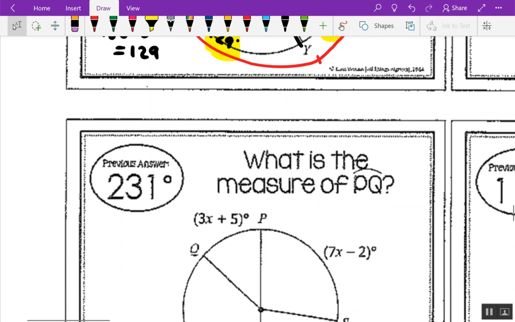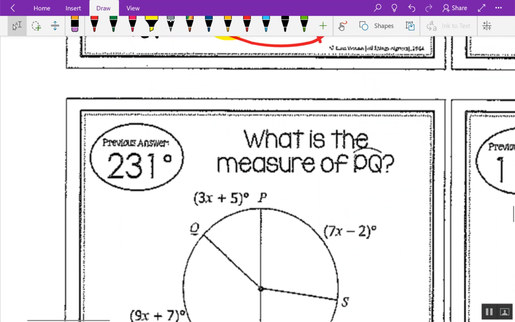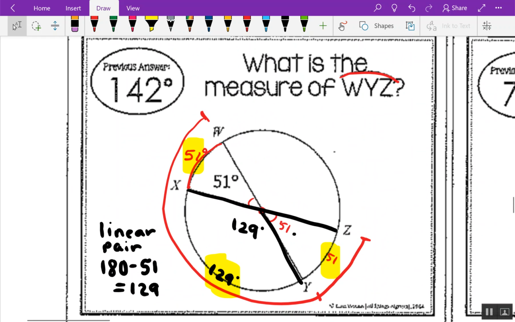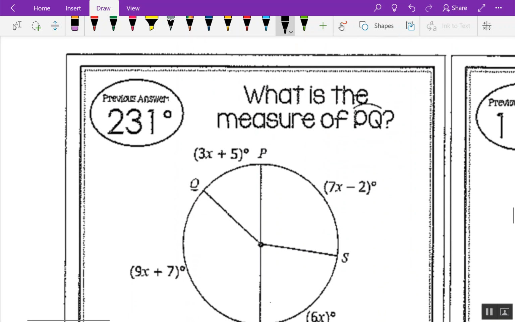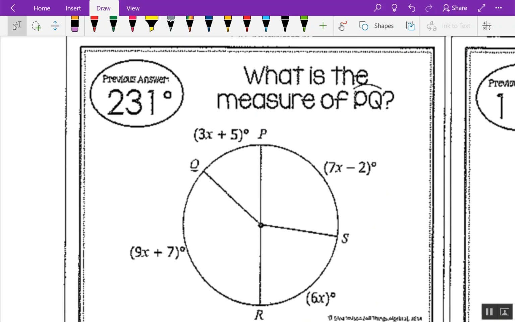It's down. This one? That's 231. Arc WYZ is 231? Is that it? Yes. These are in order. You added 129 plus 51 plus 51 is 231. So 129 plus 51 times 2.